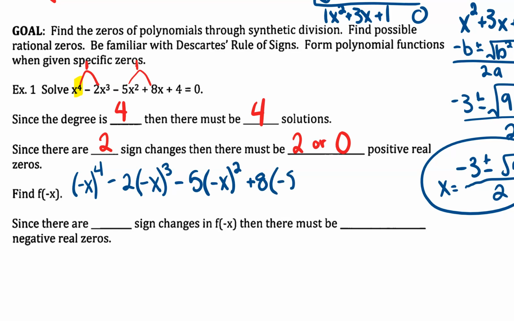Oops, negative x, not negative 8. All right, now we're going to simplify.